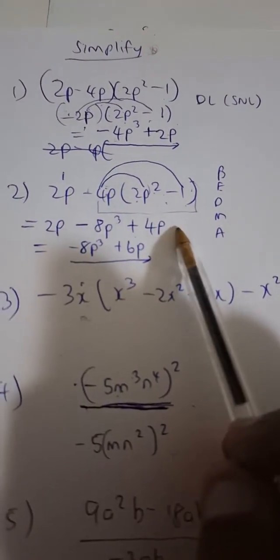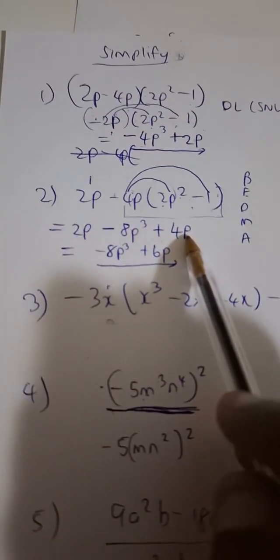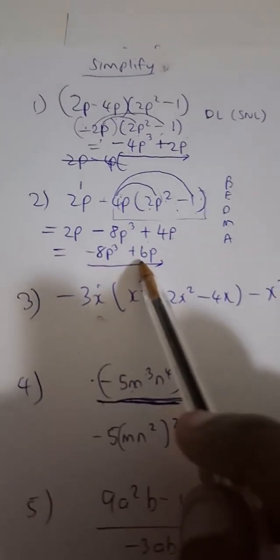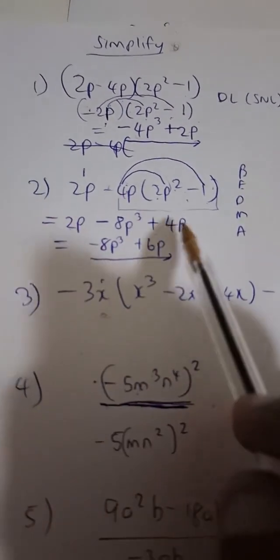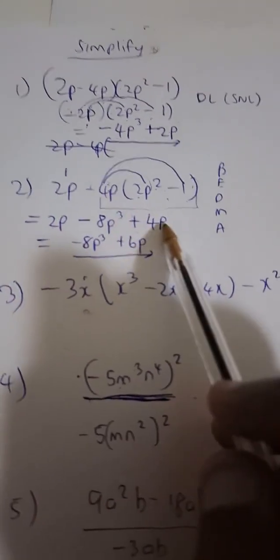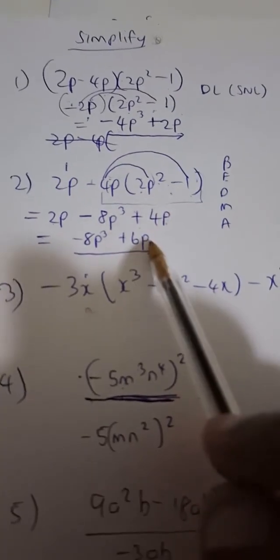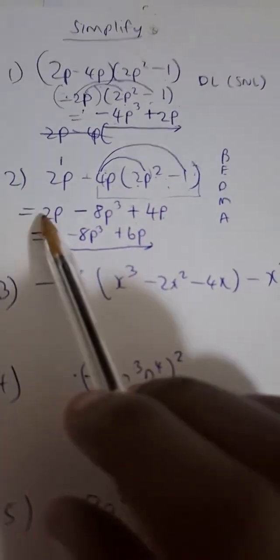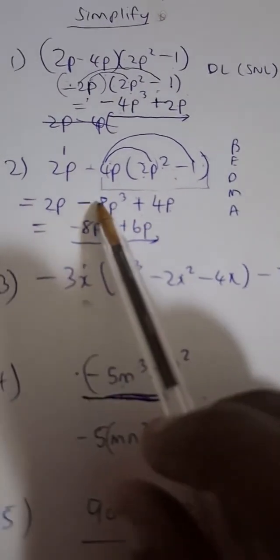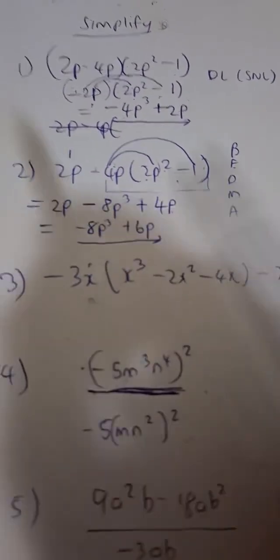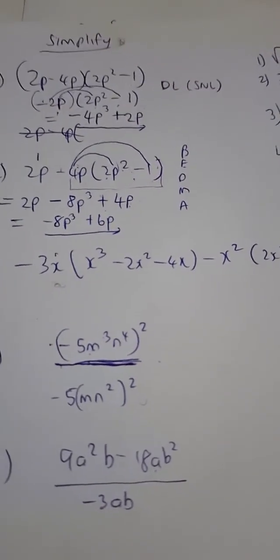There's 3 terms now in the expression, so we can add those like terms and we get positive 6p, because this 2p is positive, this 4p is also positive, and their variables are the same. So we keep the variables, we add the coefficients, we get an answer of positive 6p for the like terms. That negative 8p to the power 3 is basically there as well.